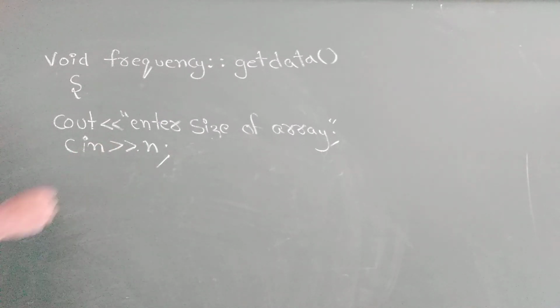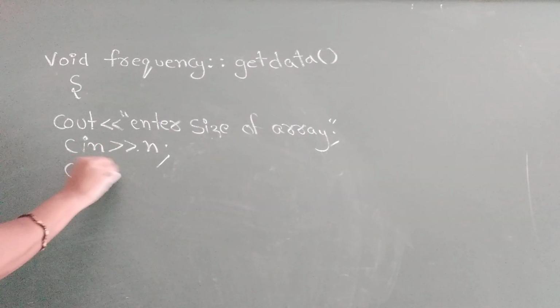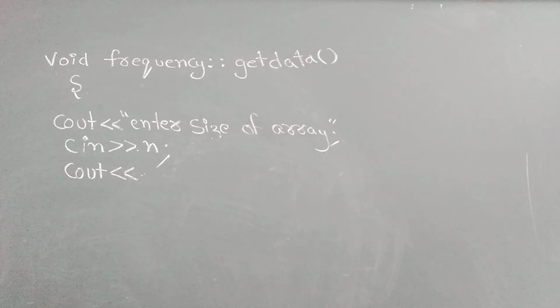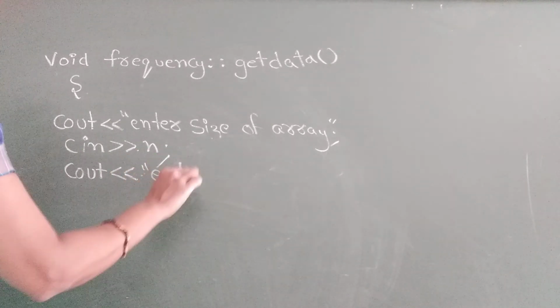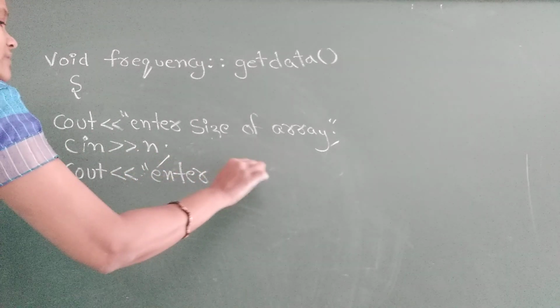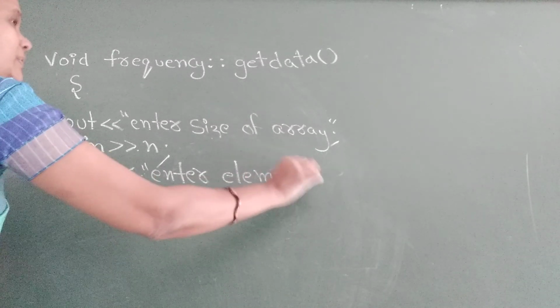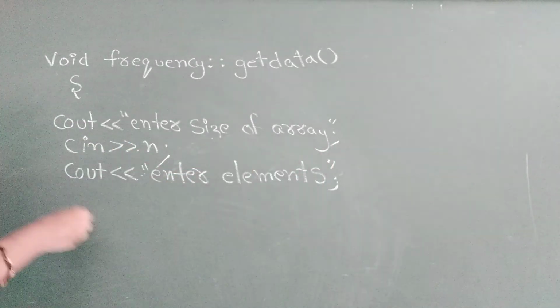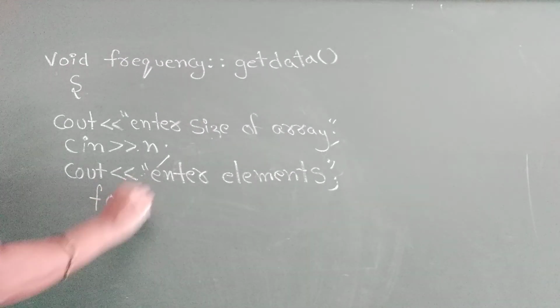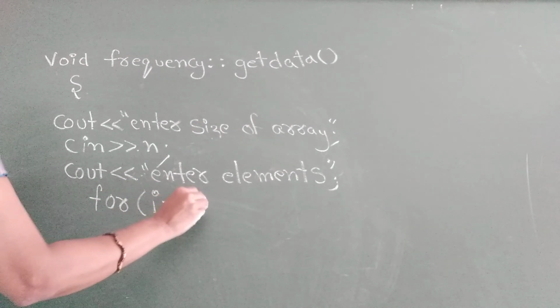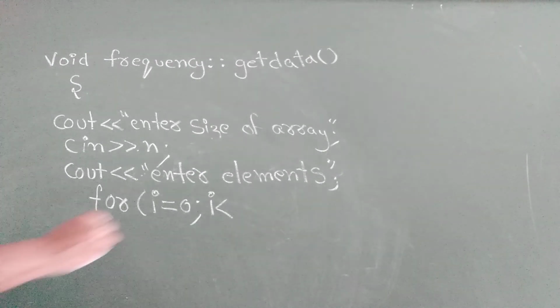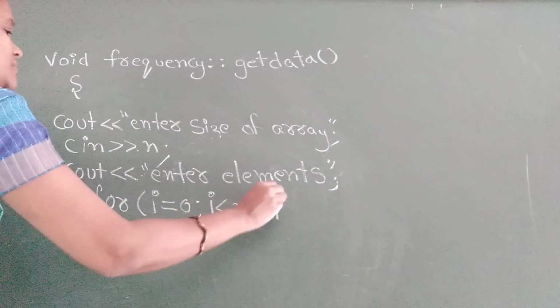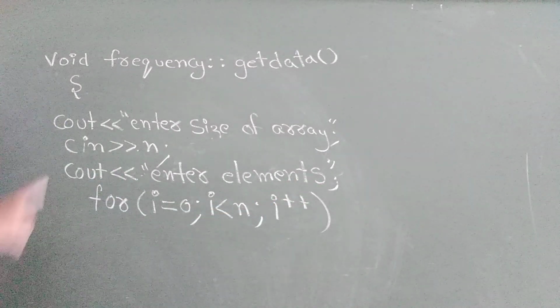In an array, elements will be there. Cout enter the elements. I made it a bit easy; in the lab manual it is a bit difficult. For i equal to 0, i less than n, i plus plus. What happens by this?